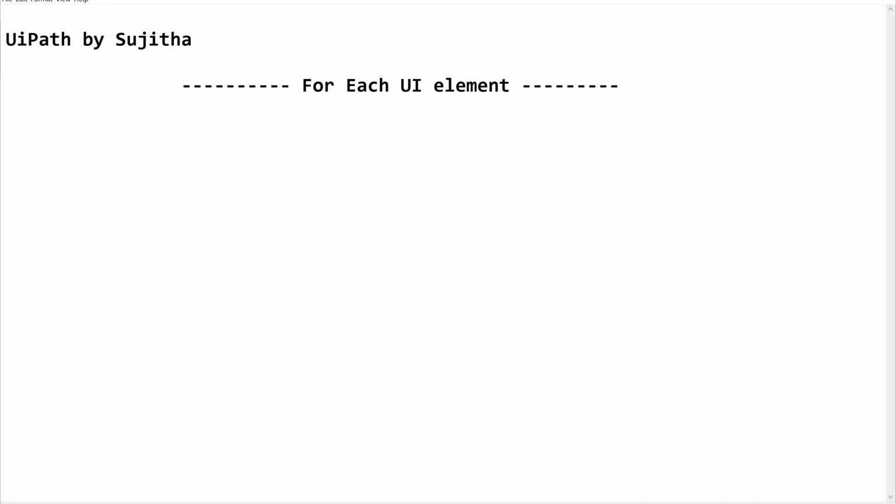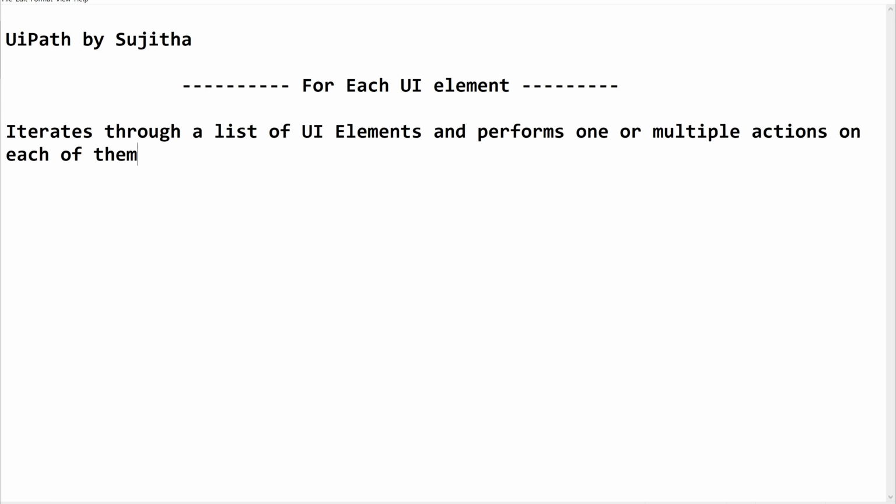Now quickly open your notebook or notepad and make notes on this so that it will be easy for you to refer whenever it is needed. ForEach UI Element iterates through a list of UI elements and performs one or multiple actions on each of them. So far we have learned UI automation, where we are using n number of activities.